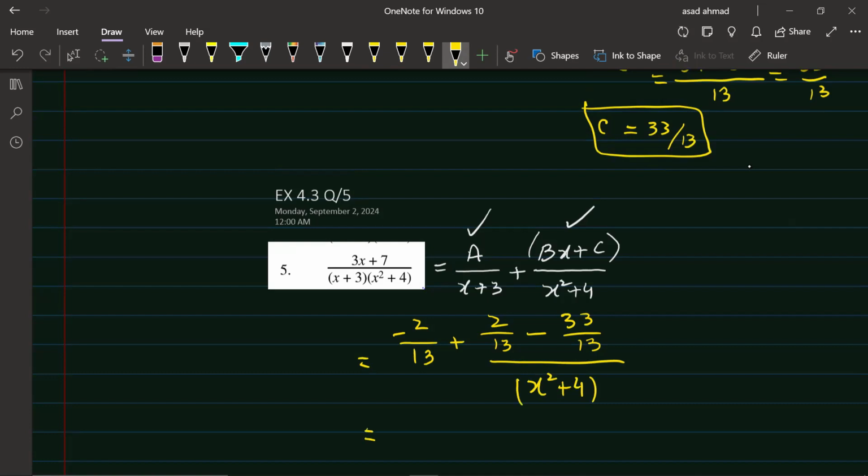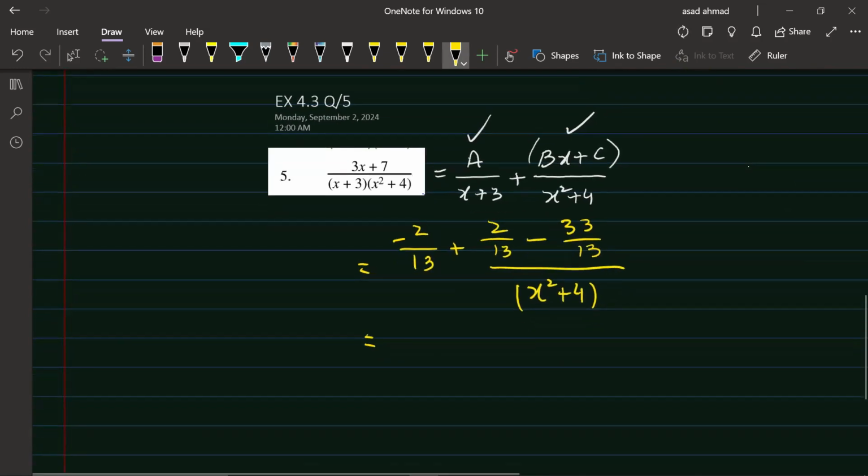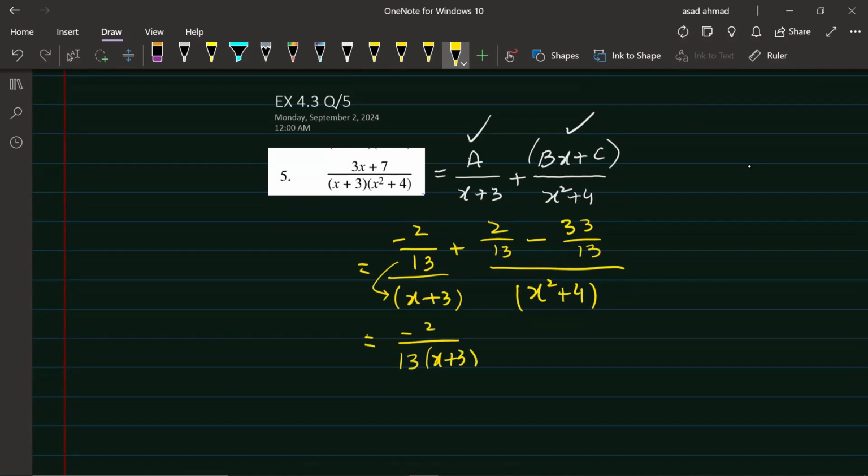Then we do need to further simplify it. How to simplify that? This 13 will become the denominator. And we will have to take up one LCM in the denominator above.